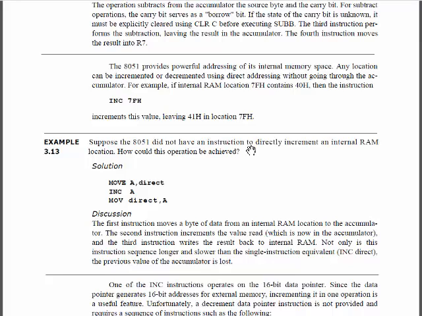So move into the contents of location direct, increment it, and move it back into direct. That actually is how we would have to do it if it didn't have that command. That's all this instruction is. It just happens the 8051 allows us to directly increment memory locations. That's just part of its many, many instructions.